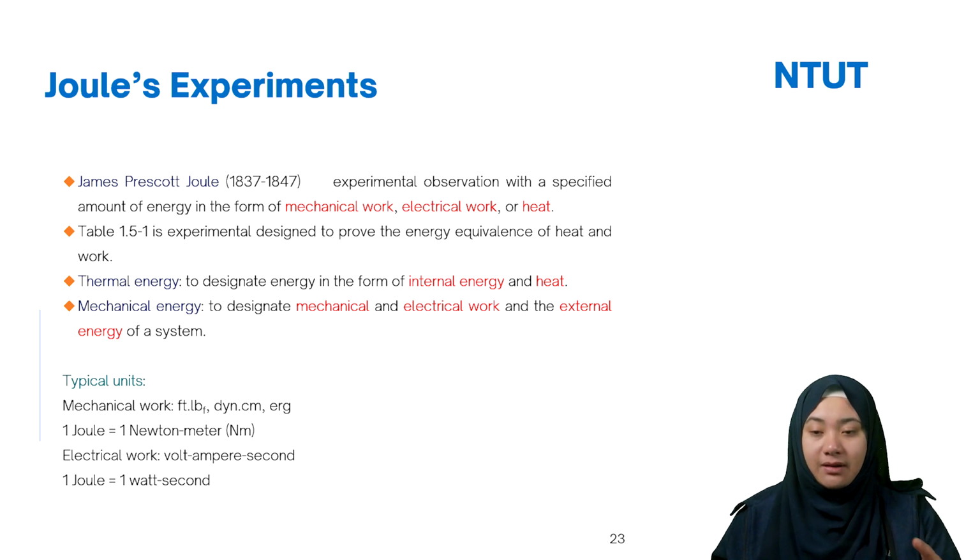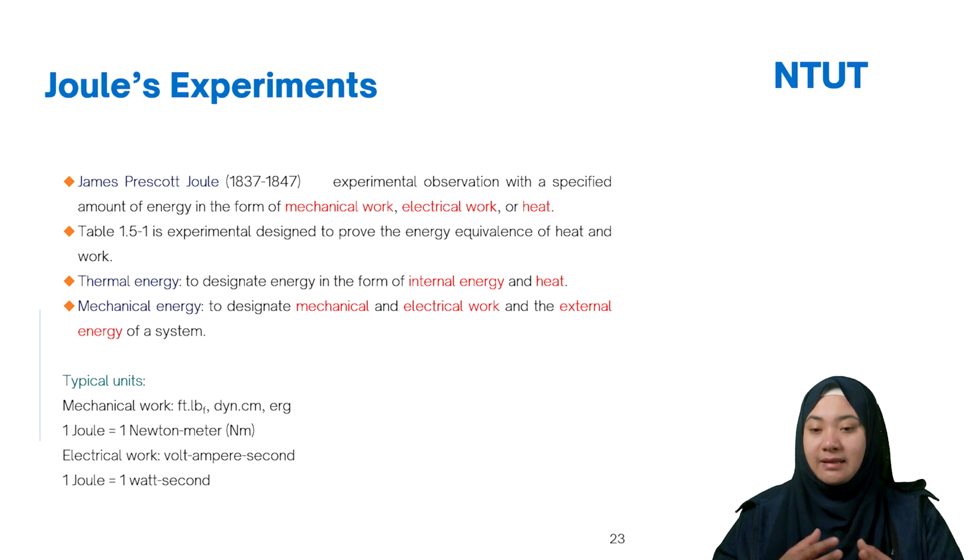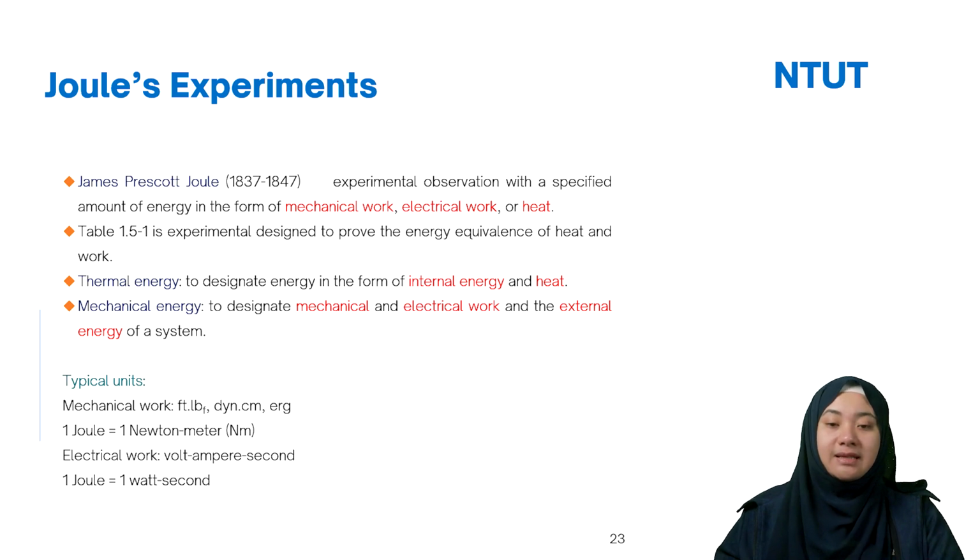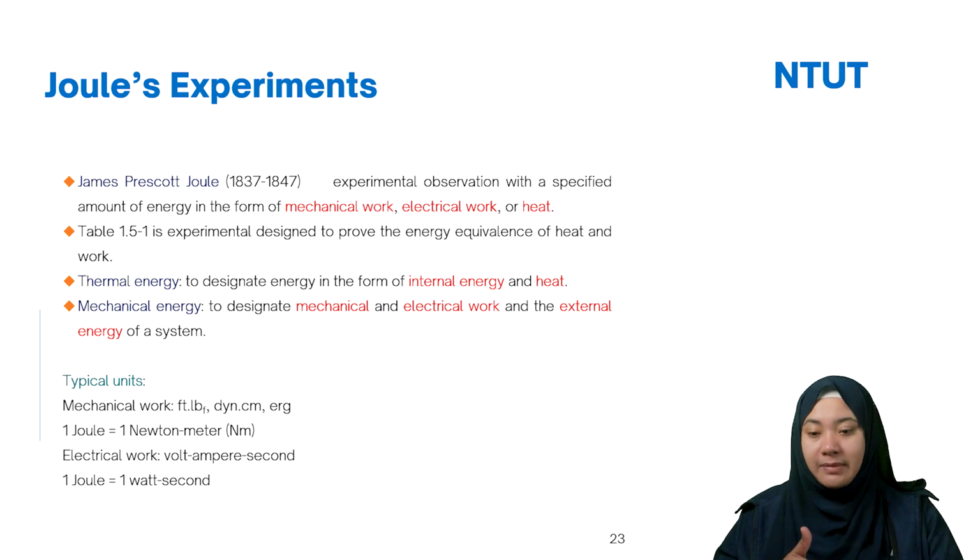It has Table 1.5.1. This is an experiment to prove the equivalence of heat and work. He designed many kinds of experiments until he got the conversions: 1 joule equals 1 Newton meter and 1 joule equals 1 watt per second.